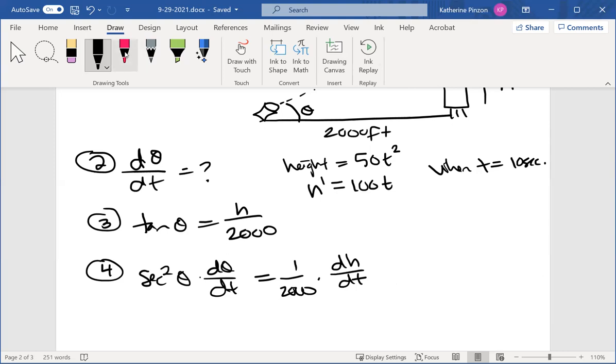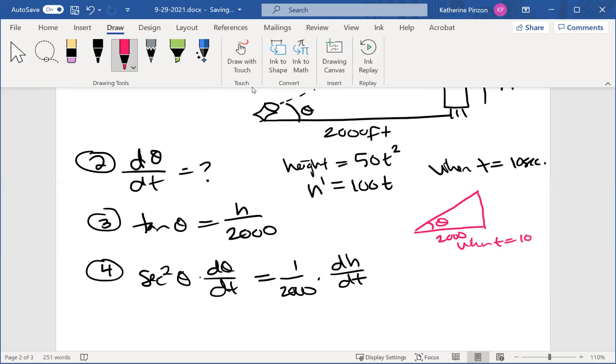So over here, I'm going to draw a new triangle, the very specific triangle. That's a bad triangle. I'm going to draw a new triangle. Better. When t is 10. Okay, so here's my theta. What's the bottom of the triangle? Yeah, still 2000. Can you tell me this distance if t is 10?